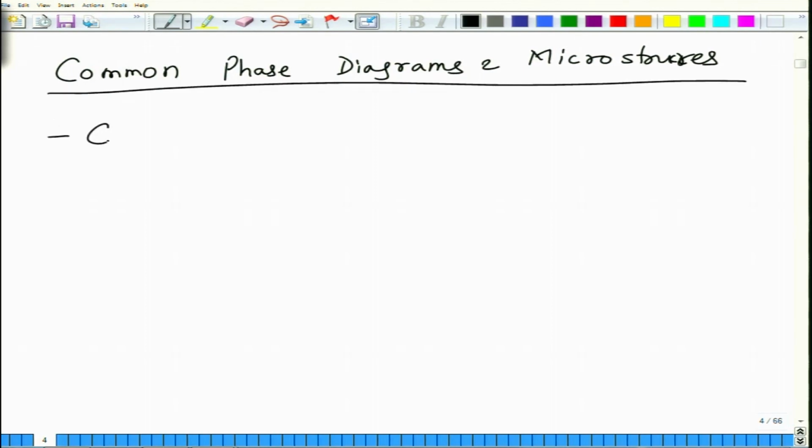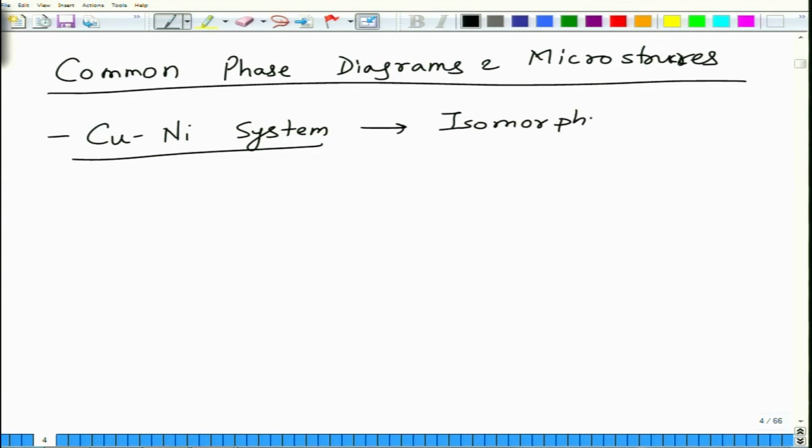So first we will look at the copper nickel system, which is an isomorphous system. All right.